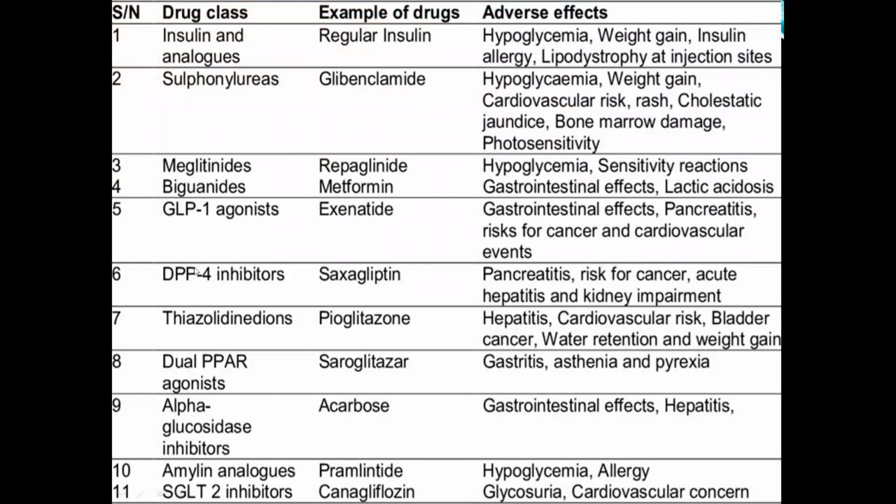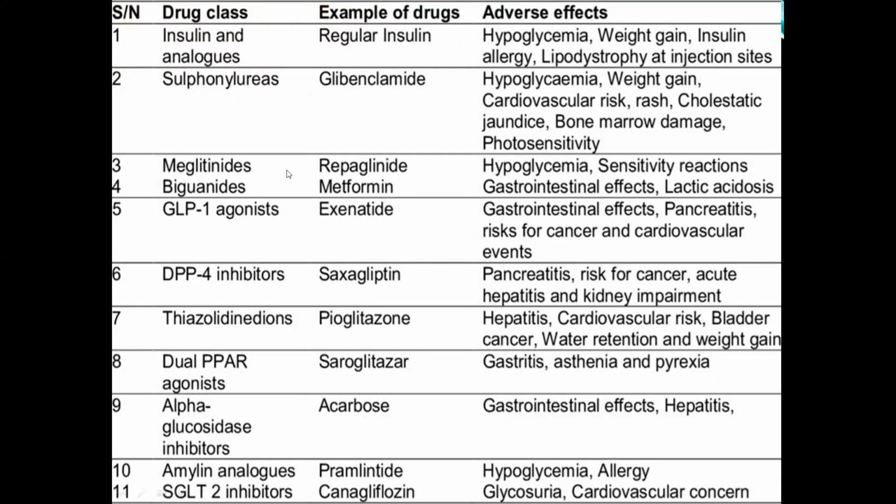Then there are some other drugs that can be used. So we've got sulfonylureas. Example is glibenclamide. Adverse effects are hypoglycemia, weight gain, cardiovascular risk, rash, cholestatic jaundice, bone marrow damage, and photosensitivity.